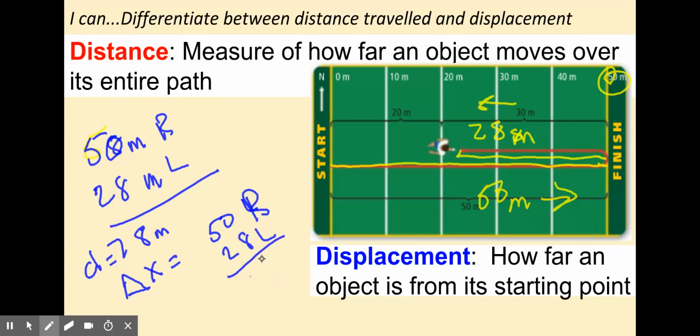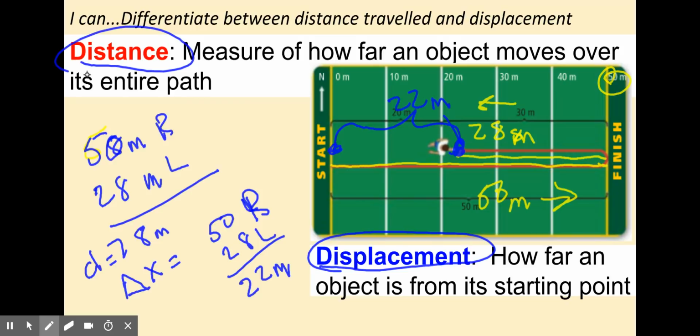So their change in position from the starting point is 22 meters. How far are they from where they started? Here's where they ended up, here's where they started. This is 22 meters according to the way I calculated it. So displacement: how far are you from where you started? Distance: total amount traveled.